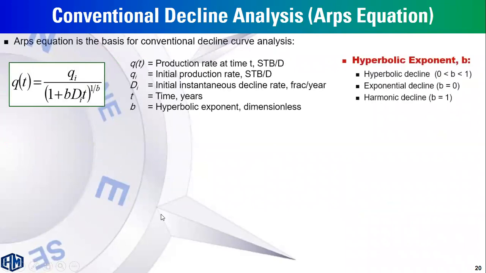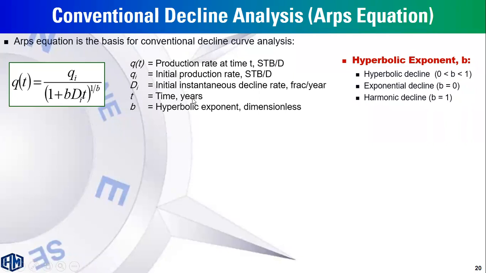Now one of the widely used approaches, the conventional decline analysis, is the Arps equation. Simply, it's an empirical approach. As you can see, the flow rate at time t is a function of qi, the hyperbolic exponent b, the decline rate Di, and the time.